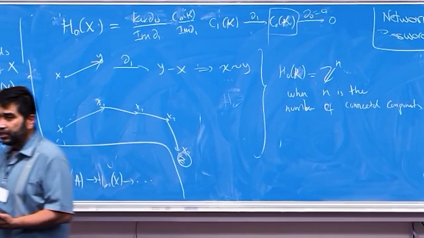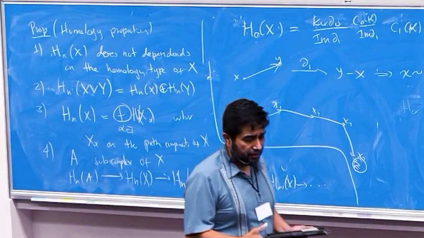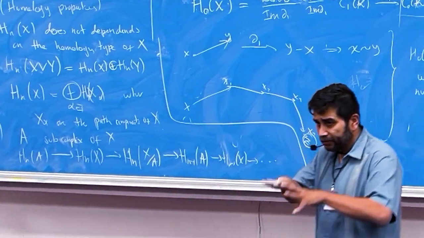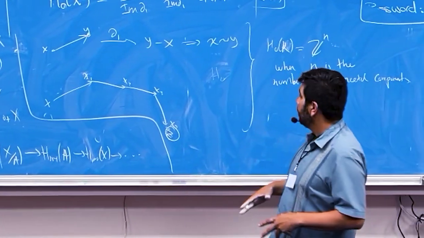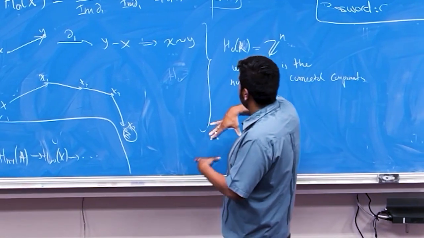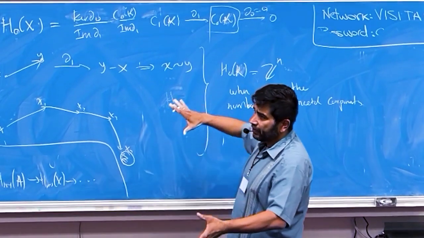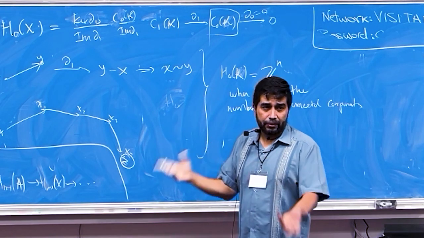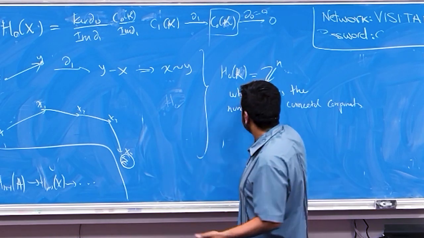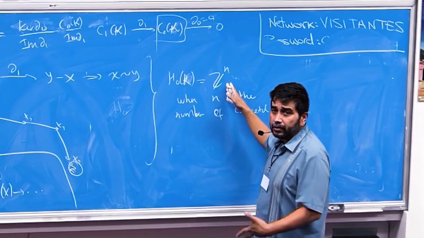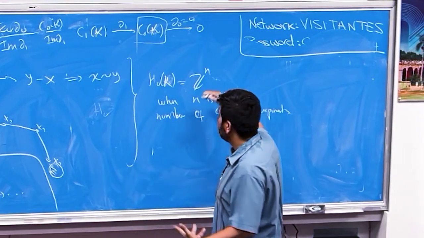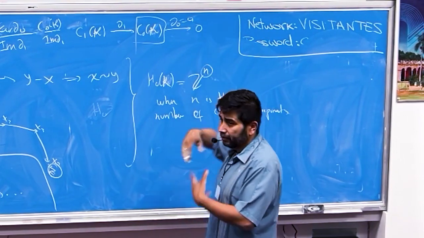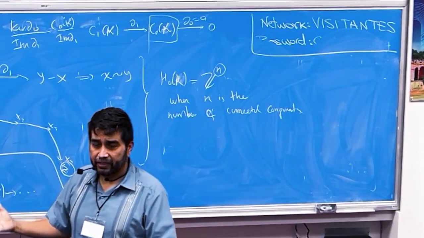So H0 is the one that determines the number of connected components of your simplicial complex. If you're working with a graph and you don't know if your graph is connected or how many components it has, you can compute H0 of K, and it's going to give you the group, and you can determine the number of components by looking at the dimension of this space.